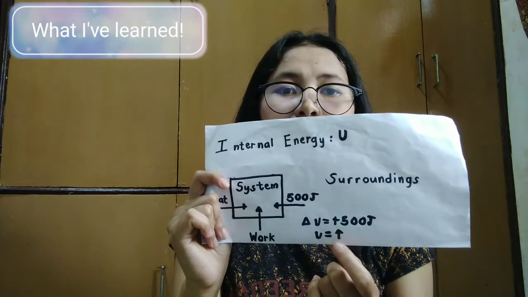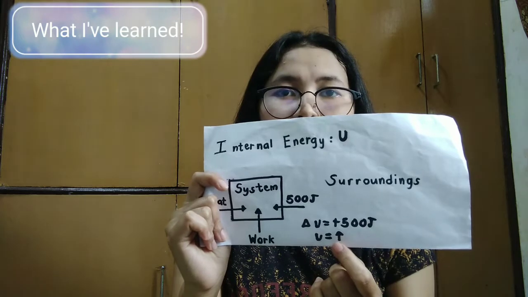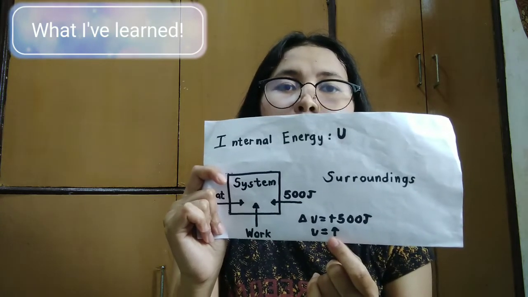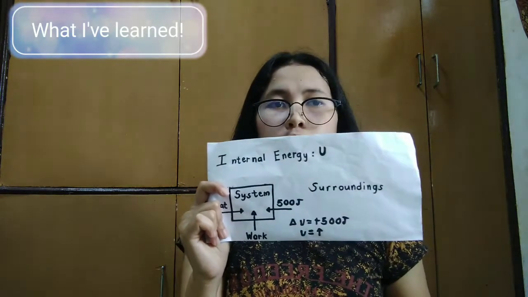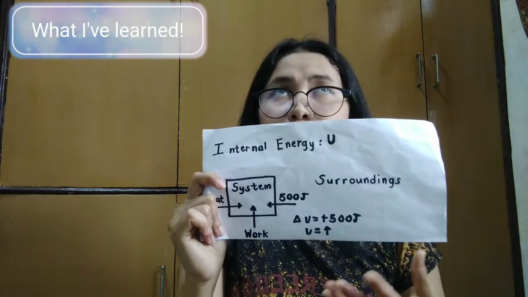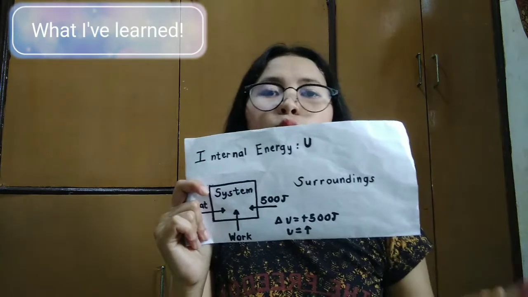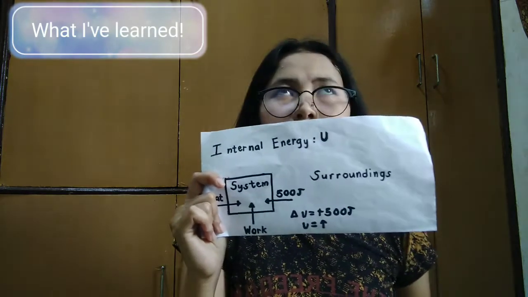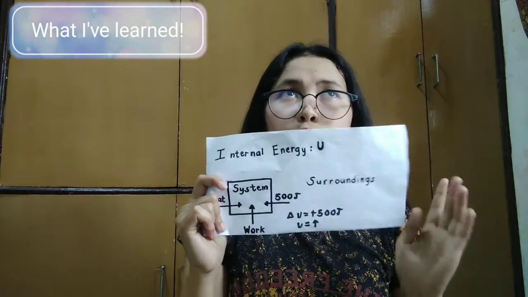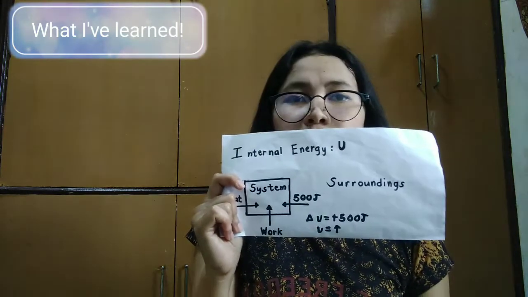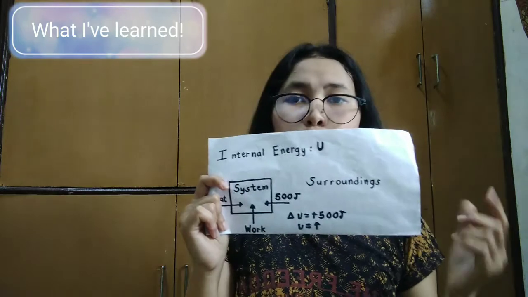Delta U increases, so the energy of the surroundings has to decrease by 500. The system didn't just get 500 joules from nowhere. That energy came from the surroundings.